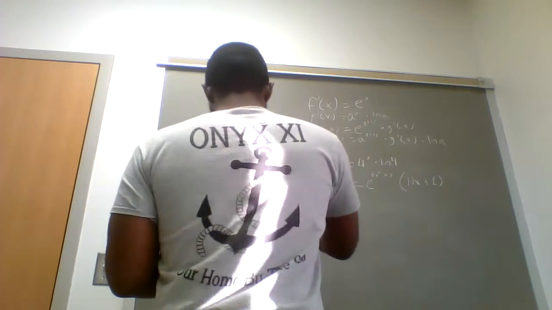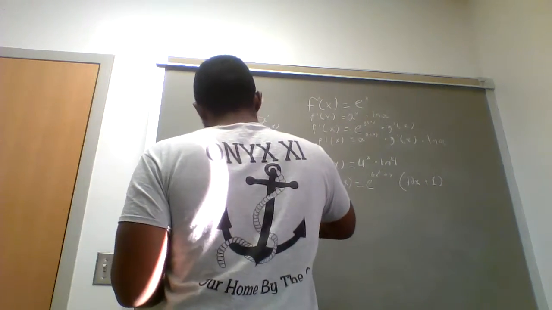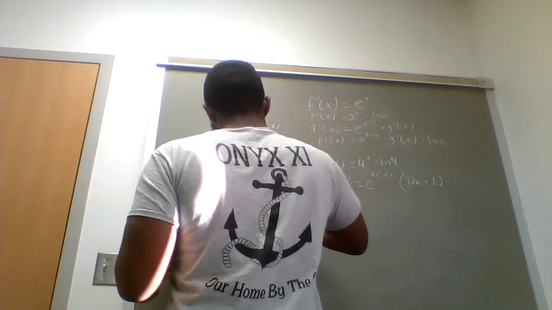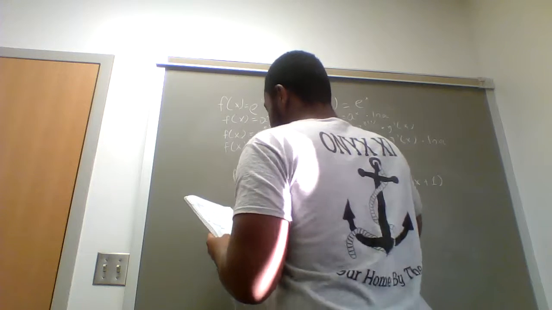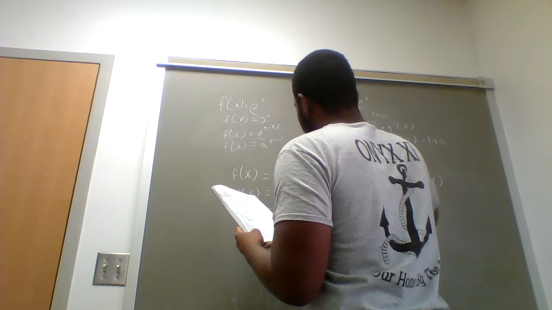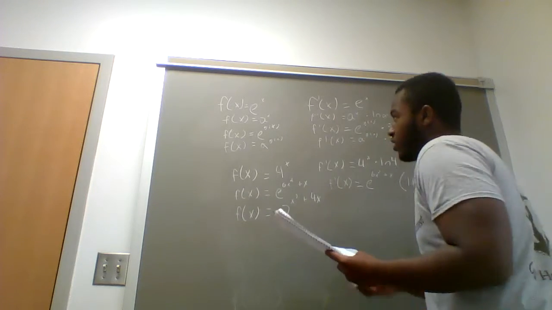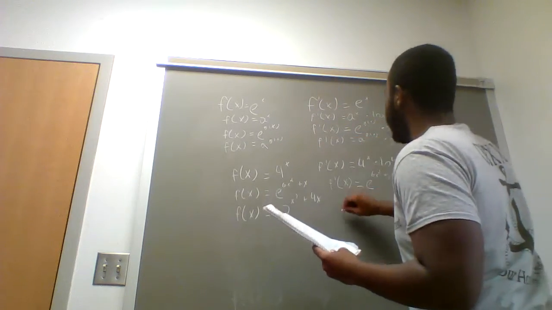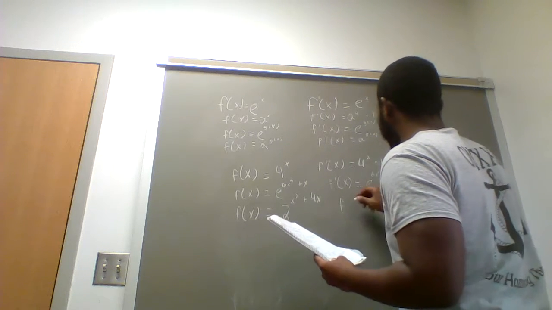And the final example for exponential functions, f of x equals 2 to the x cubed plus 4x. Which one of the properties? Look at the properties. I'm using this one. So f prime of x, all you have to do is follow the formula.